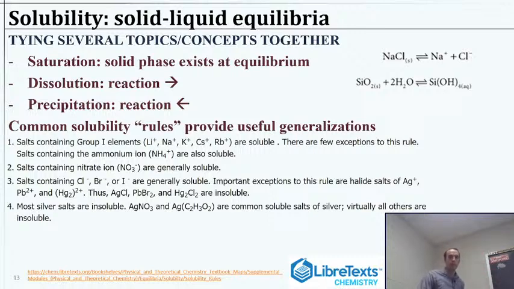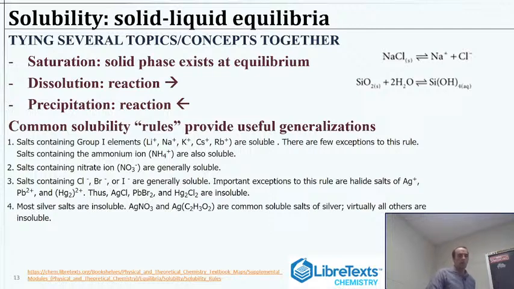So that's lithium, sodium, potassium, cesium, rubidium? I don't remember. Rb+, tend to be soluble, maybe even are soluble. There are a few exceptions to this rule. Salts containing ammonium. So in addition to those, salts containing ammonium ions tend to be soluble.